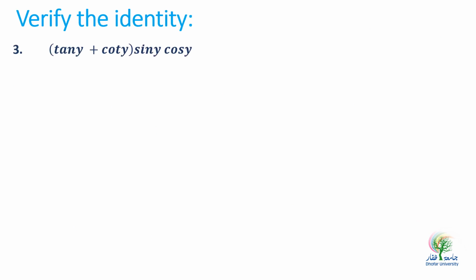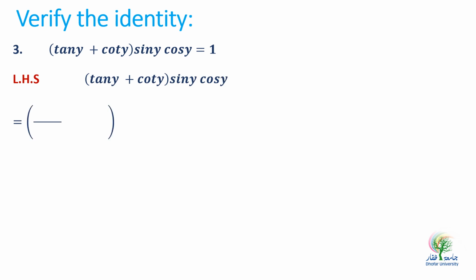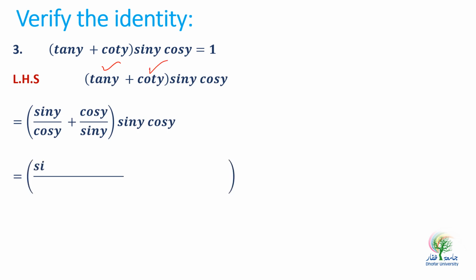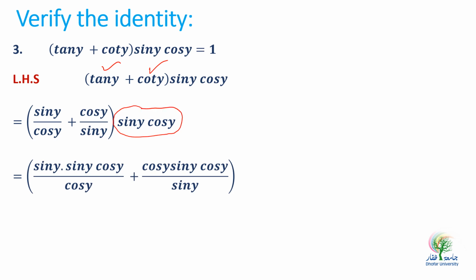Question number 3. Tan y plus cotan y into sin y cosine y equal 1. We will take the left hand side, replace tangent y with sin y by cosine y and cotangent y with cosine y by sin y, and then multiply this sin y cosine y with the first term and with the second term.